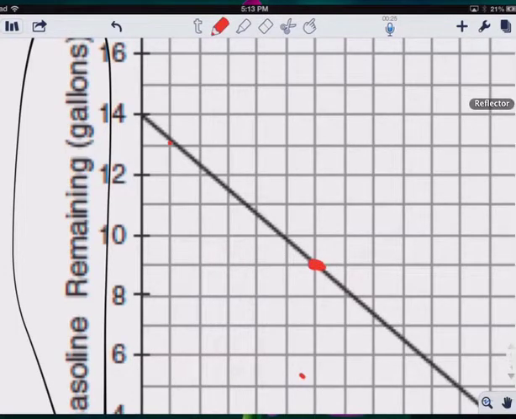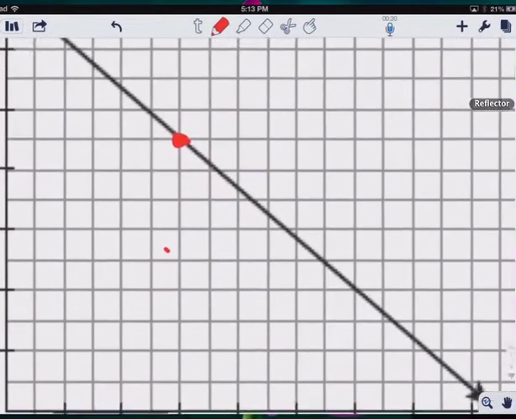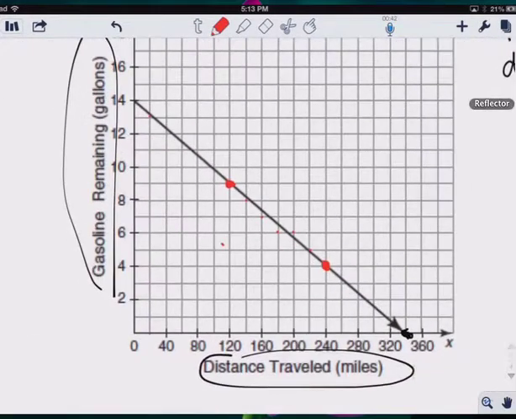So that's a good spot to choose. Another good spot is right in the middle, a little bit off, right there. Any of those points would have been good to choose because it hits the corner exactly where it is.